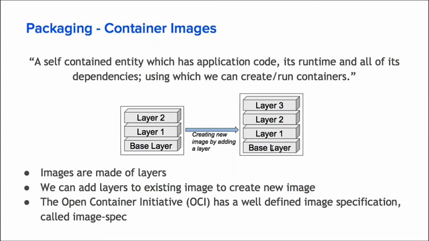For this image, we have a specification called image spec from the Open Container Initiative. This image specification says that if you are building an image for containers, you should follow this kind of standard, so that even if you use different tools, you would be able to use those images using different container runtimes and so on.